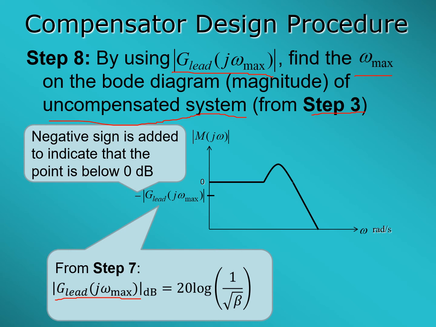Then in the Bode plot, you must put a negative sign, which is added to indicate that the point is below 0 dB. So you just add this negative sign to G lead j omega max, and then project a line to this Bode diagram, and you can find this omega max in the frequency domain part.